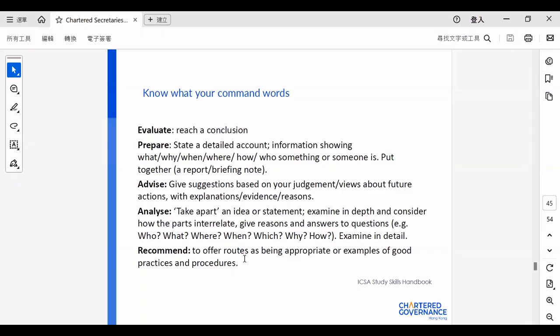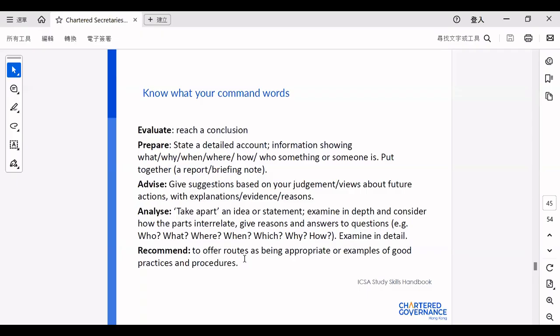If you're asked to recommend, then you have to offer different procedures. You have to offer routes or other good practices. What are the new procedures or what are the new practices? So this is a new recommendation. Again, you need to justify your recommendations.